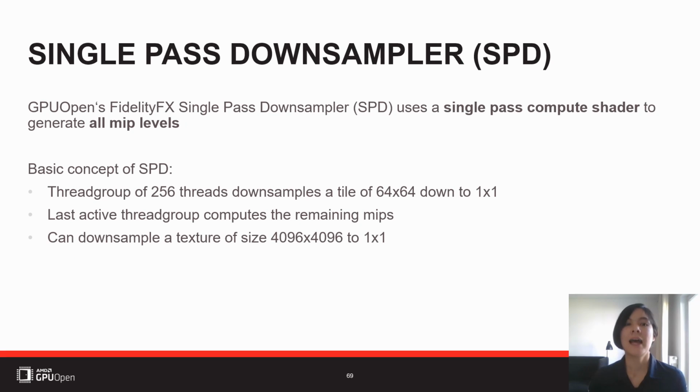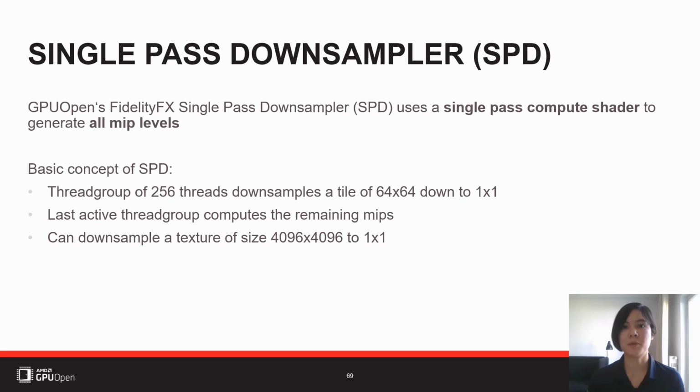Our single pass downsampler, the GPUOpen FidelityFX Single Pass Downsampler, SPD in short, tries to solve this problem. The SPD idea is to compute all the MIPs within a single compute shader pass. The basic concept is that we have a thread group of size 256.